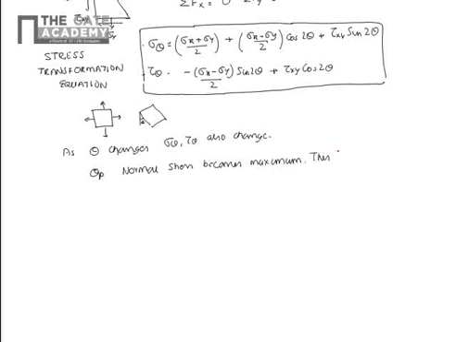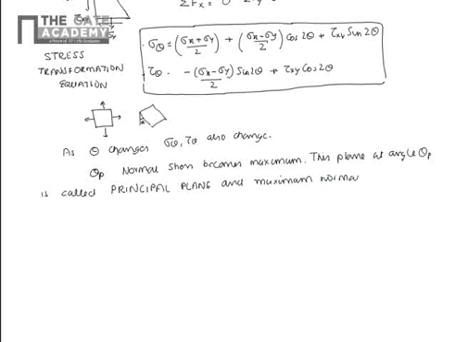The plane at angle theta p is called the principal plane, and the maximum normal stress acting on this plane is called the principal stress.